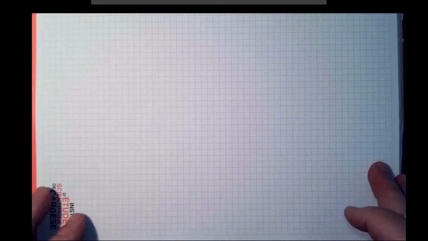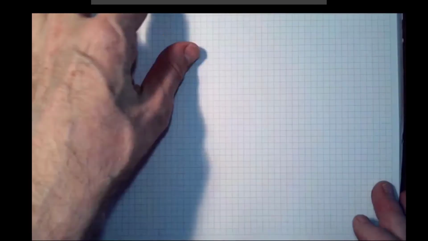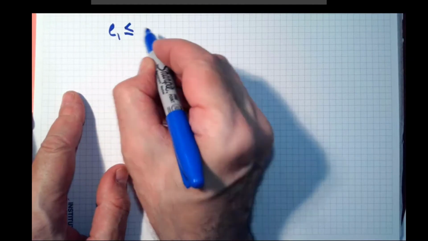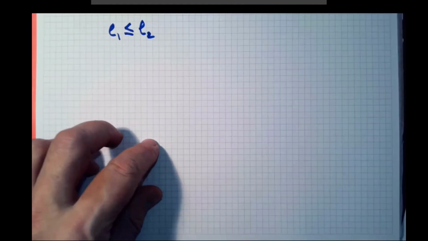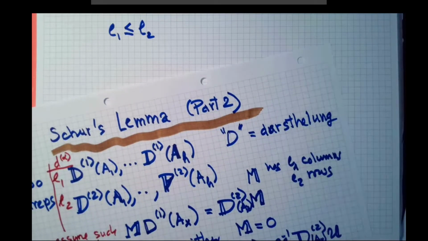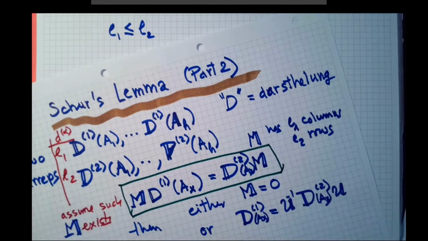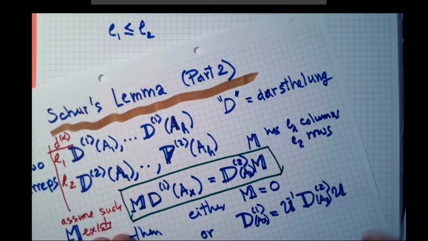Let's prove it. What happens if dimensions are different? So let's say that L1 is smaller than or equal to L2. And then, as always, we look at our defining relation. This is our assumption. And then we manipulate it by taking the Hermitian conjugate, as we have done all along.